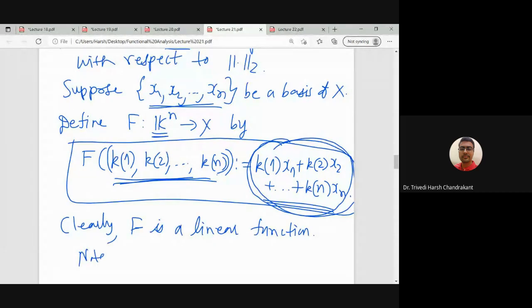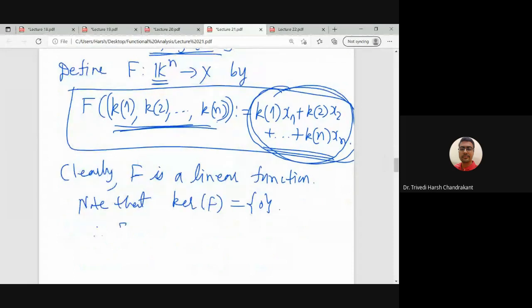So note that the kernel of f is zero. Therefore, f is injective. And surjectivity is very clear because you take any such combination, you can always find k1, k2, ..., kn from that combination, right?